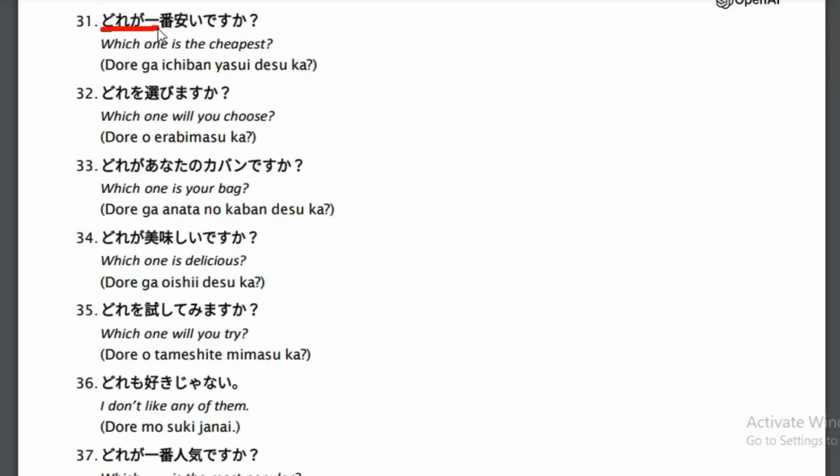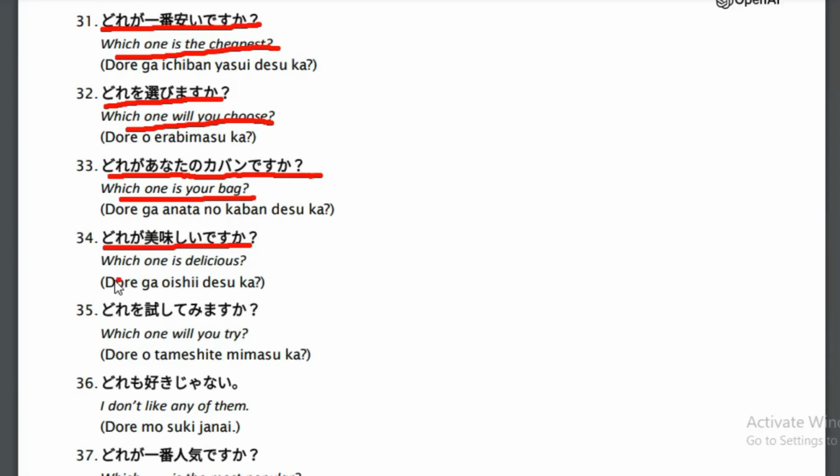Dore ga ichiban yasui desu ka means which one is the cheapest. The next is dore o erabimasu ka, which one will you choose? Dore ga anata no kaban desu ka, which one is your bag? Dore ga oishii desu ka, which one is delicious?